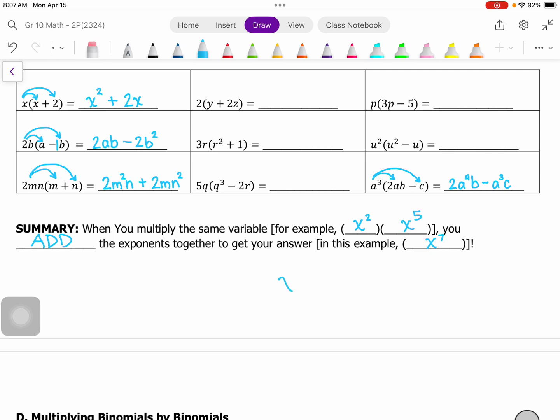So x squared means x times x. And then if you're multiplying that by x to the exponent 5, you're multiplying by 1, 2, 3, 4, 5 x's. And in the end, if we put this all together, we can say we have 1, 2, 3, 4, 5, 6, 7 x's that are being multiplied together, which is what x exponent 7 means.